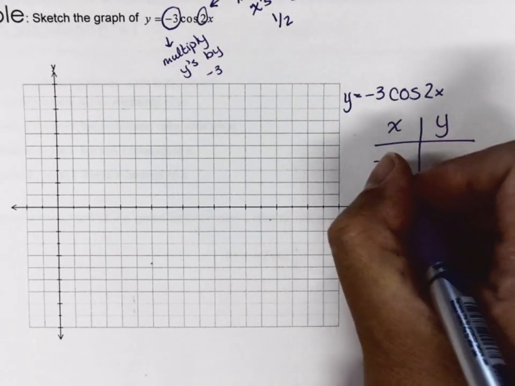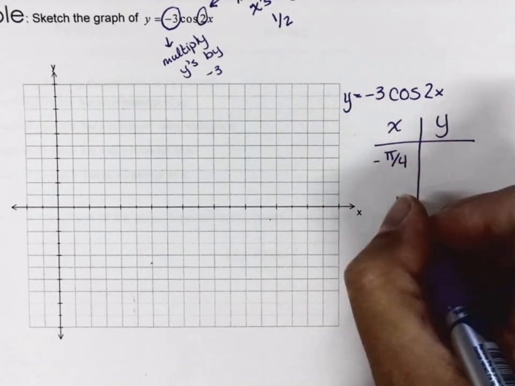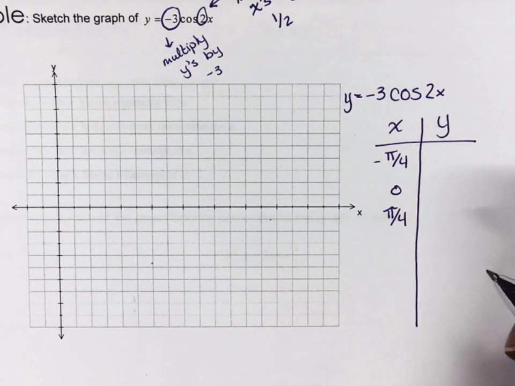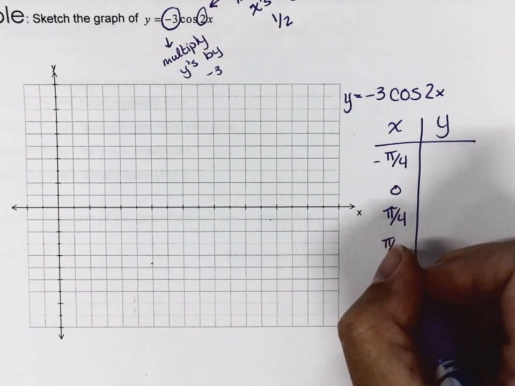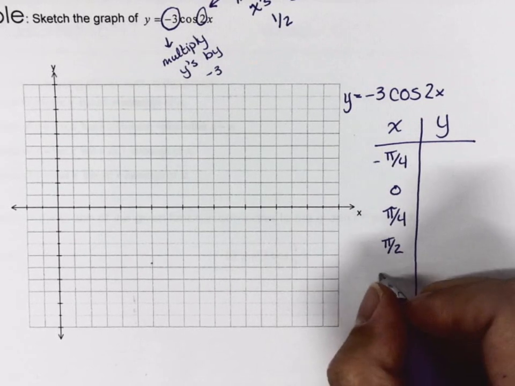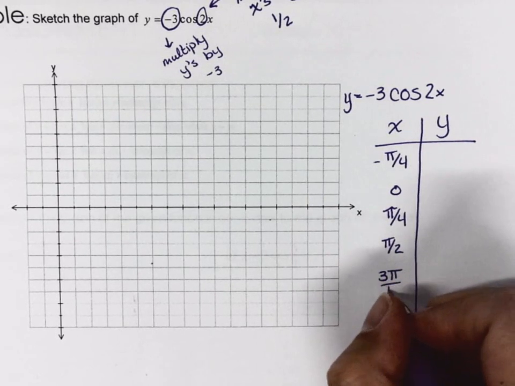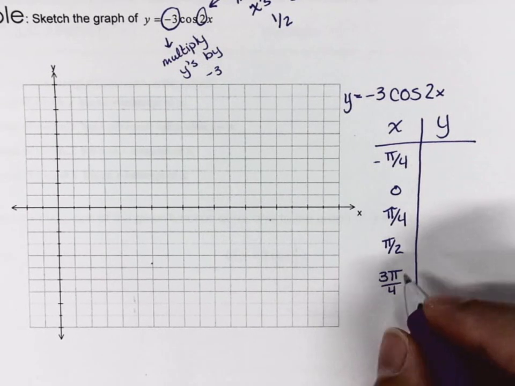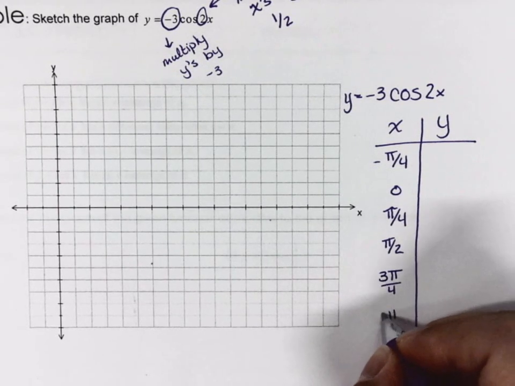So this is going to be -1/4 pi, 0, +1/4 pi, pi over 2, 3 pi over 4, and pi.